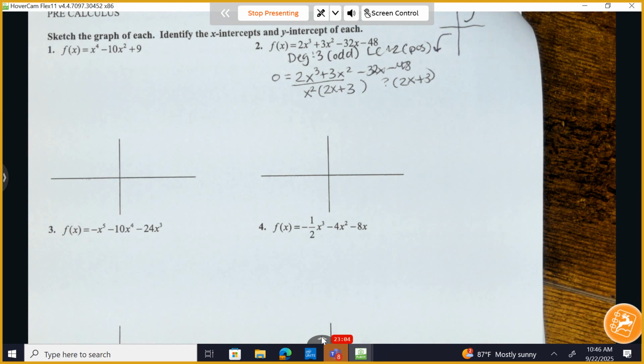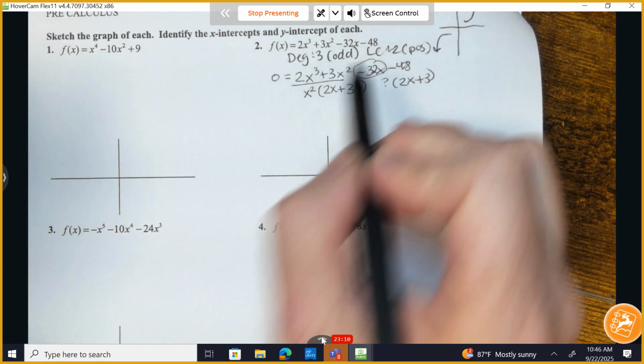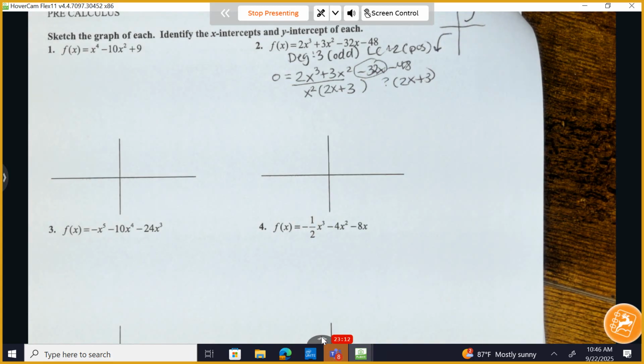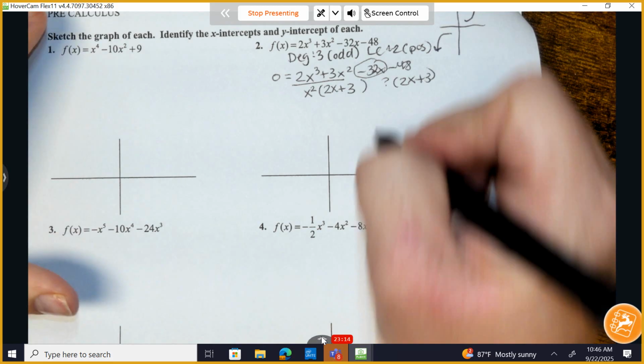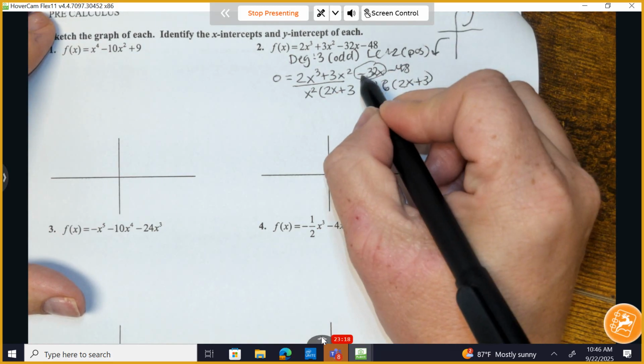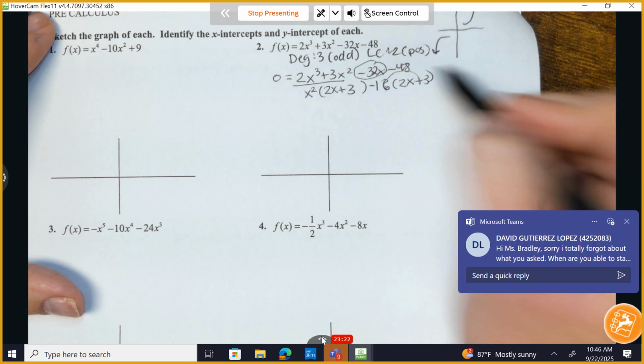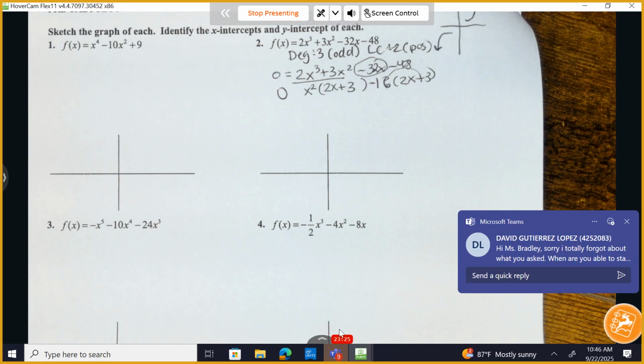Then I'm asking myself, what value can I take times 2x, and I end up with negative 32x. Anybody know the answer? Negative 16. Negative 16 times 2x is in fact negative 32x, and negative 16 times 3 would be negative 48. We've done all the hard work.